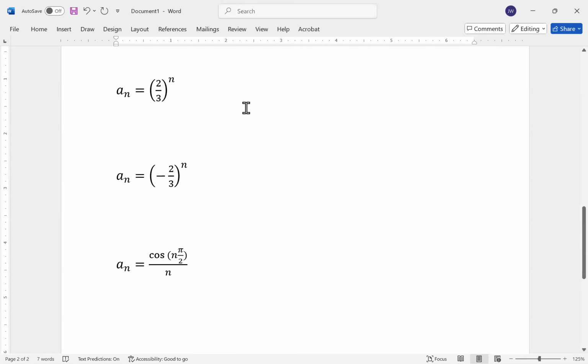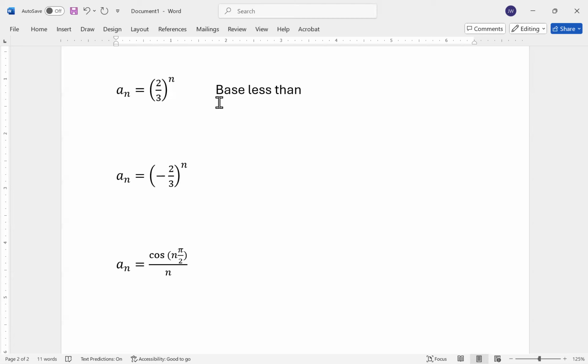All right, so let's take our first sequence of this example here. A sub n equals 2/3 to the nth power. If I want to take the limit of that, I have to realize that that's an exponential expression and that the base there of 2/3 is less than 1. And when I say the base is less than 1, I mean it's also positive.